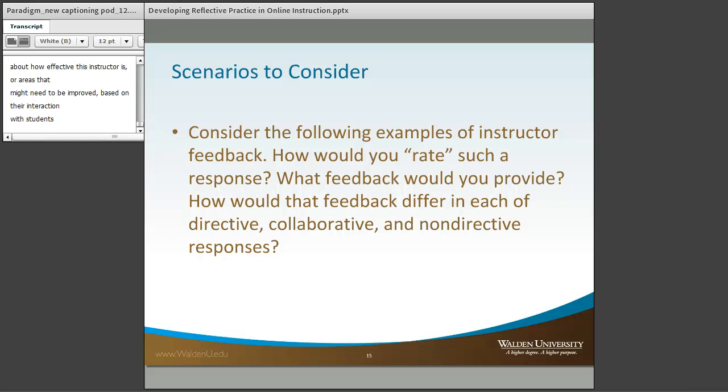So let's say the scenarios we're going to look at are actually responses that instructors gave students. But I want us to look at it from the lens that I am observing this instructor, and I'm going to have a conversation with this instructor. And in that conversation, I'm going to use some feedback that the instructor gave a student to engage the instructor in conversation about his or her practice. Does that make sense, Tanaz?